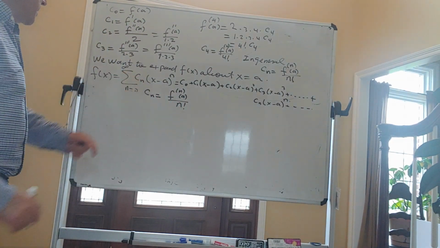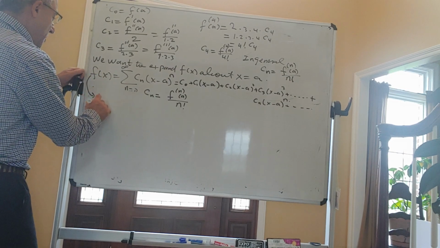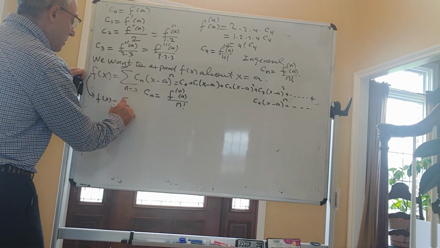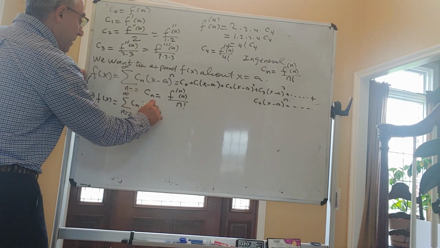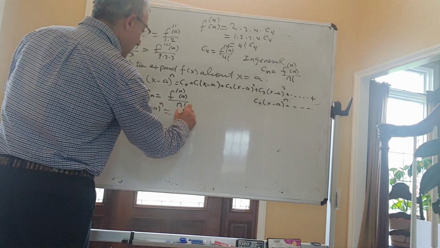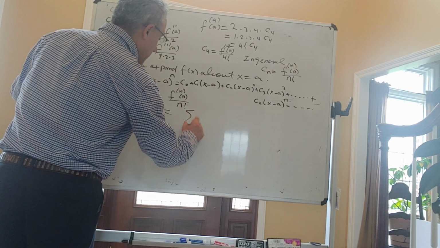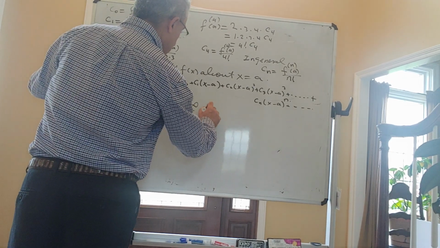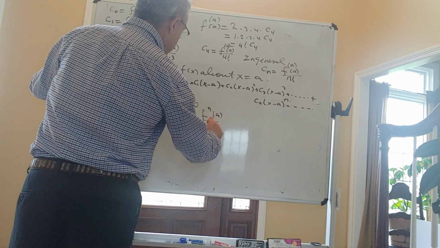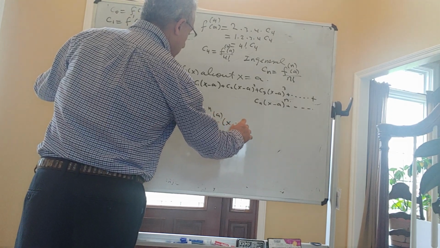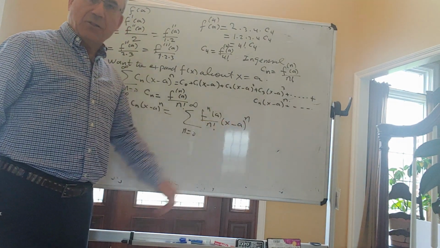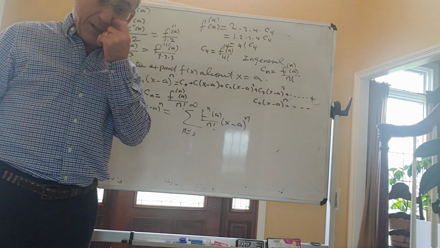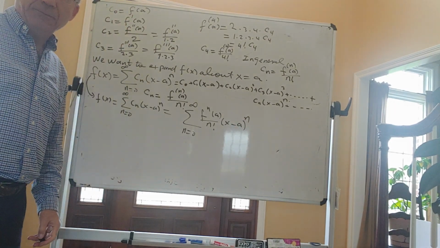So now we know what this is. So in other words, this one can be written f of x equals the sum from n equals 0 to infinity of Cn (x minus a) to the power n. This is the sum from n equals 0 to infinity of Fn of A over n factorial times (x minus a) to the n. Okay? And actually this will be the Taylor series, which we will do in the definition in a second.